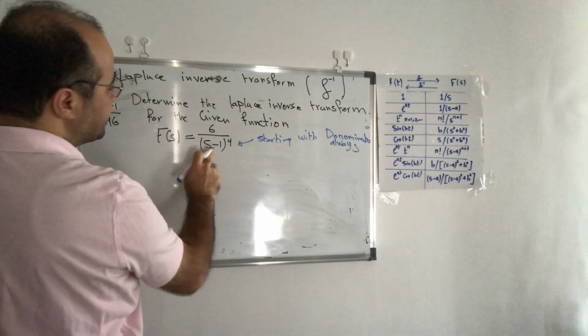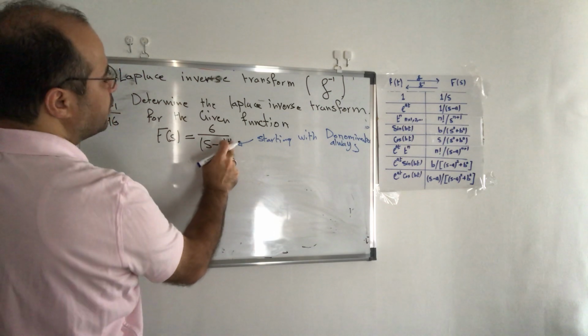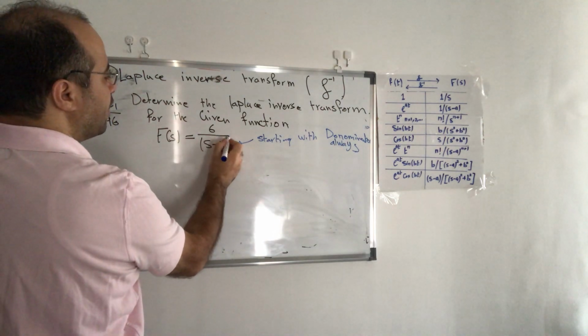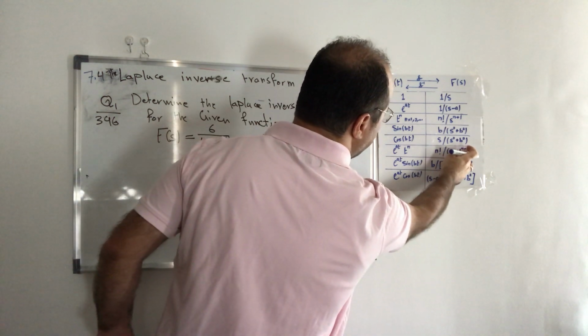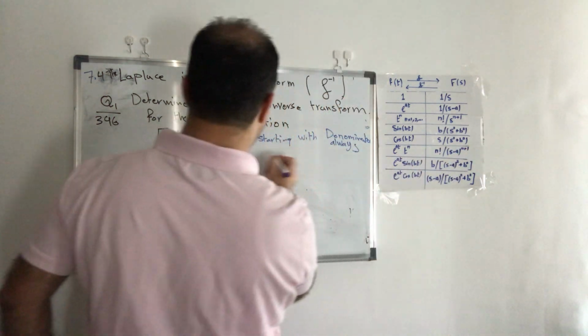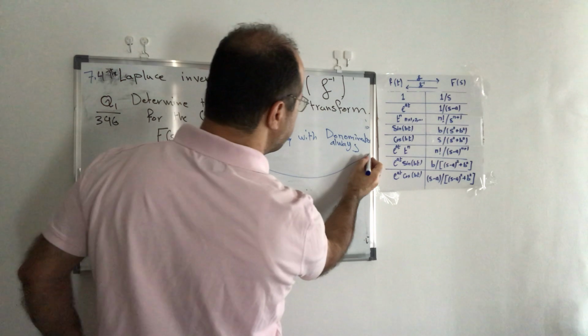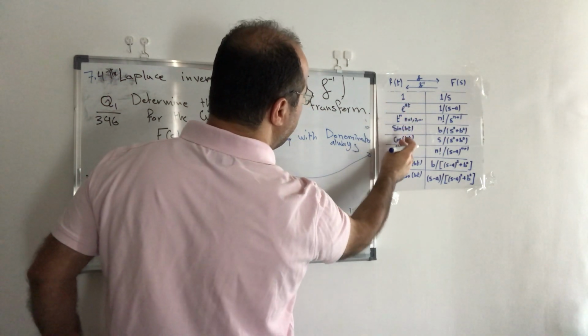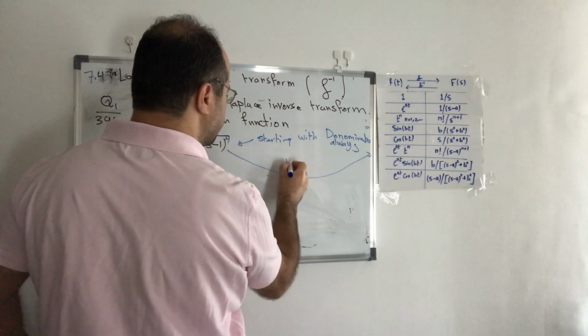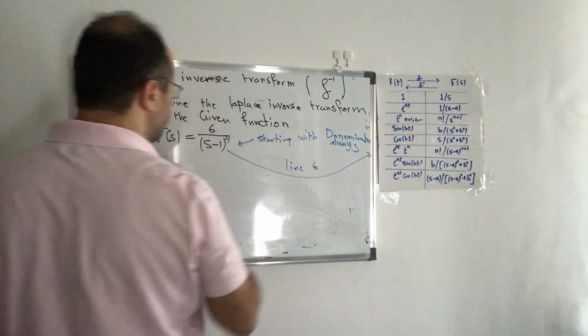So I have s minus a number and I have a power here, power 4, right? So it seems to me that I will compare this with line 6 in the table.